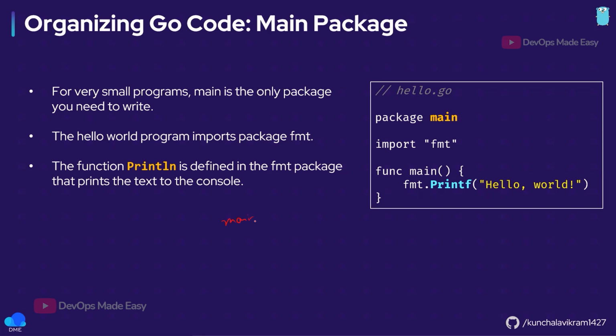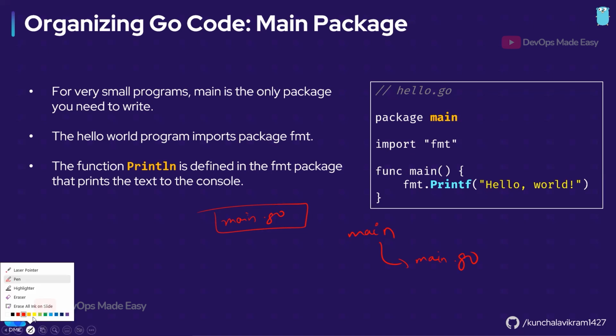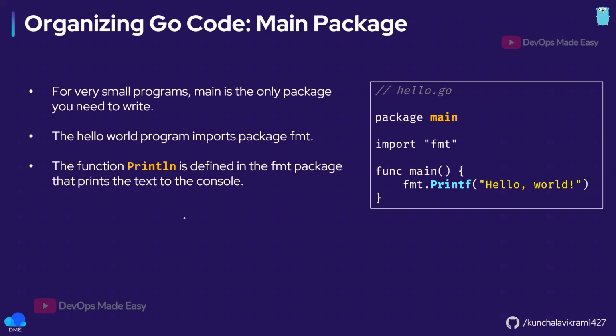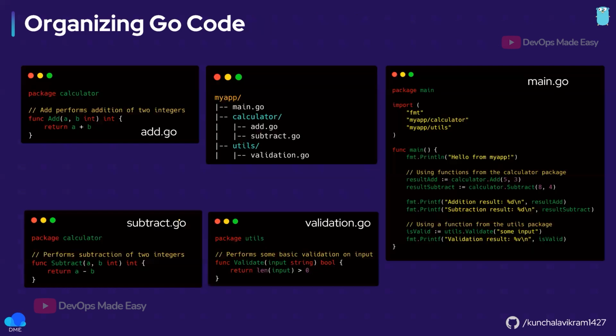Inside that folder, I can simply write main.go that belongs to the package main, and I can simply build my executable. So it is not necessary to create a folder called main, or put main.go under it. If it is a simple program, you can simply start with a single file. No need to create that directory structure or packaging structure.